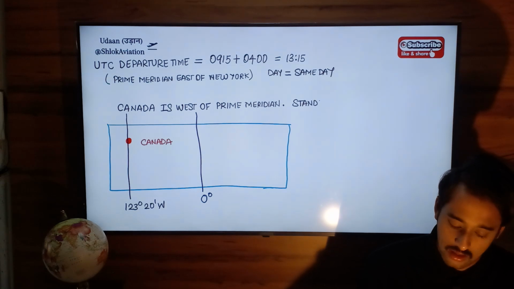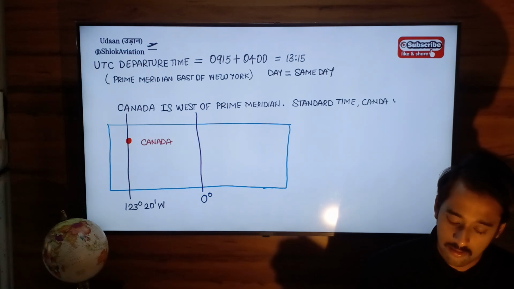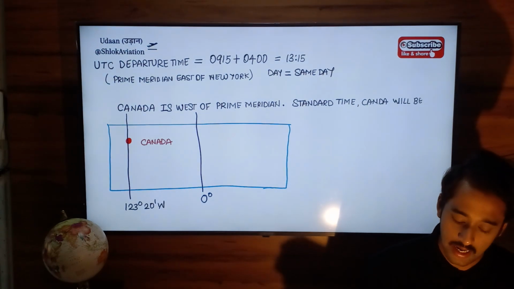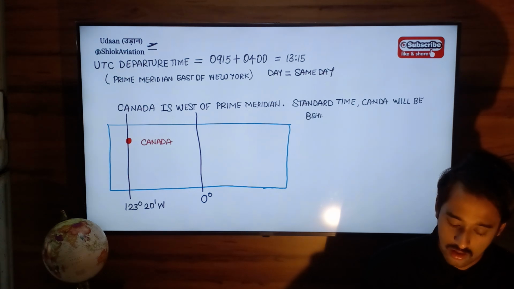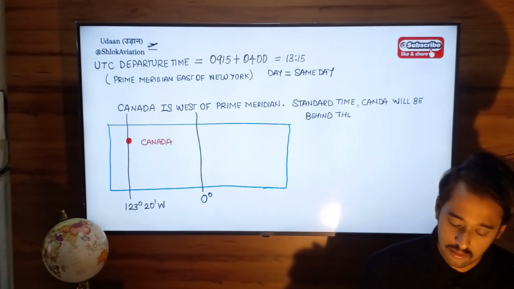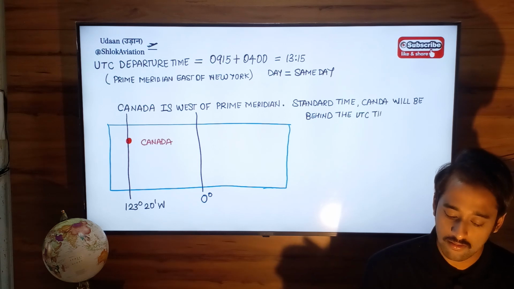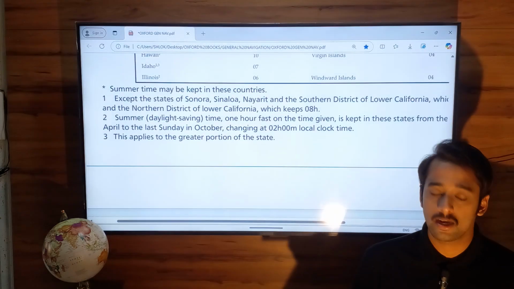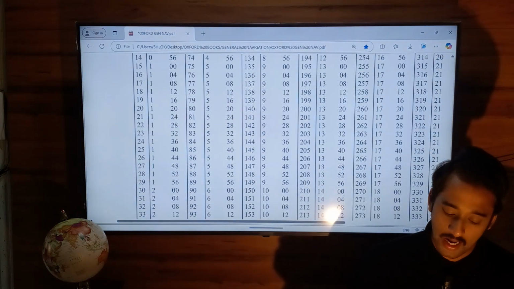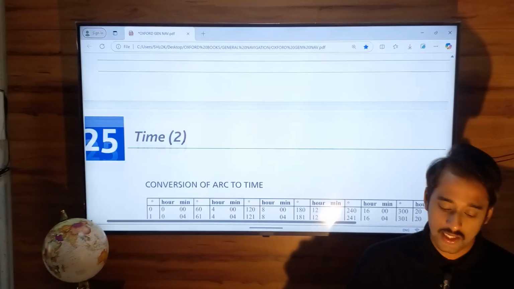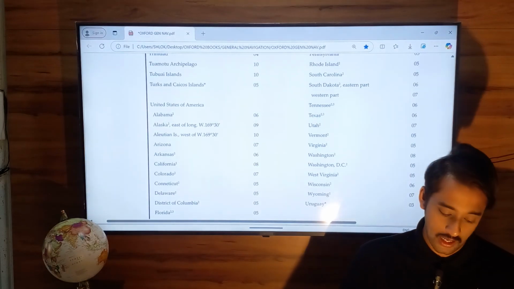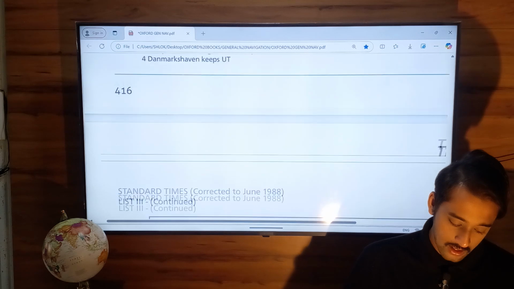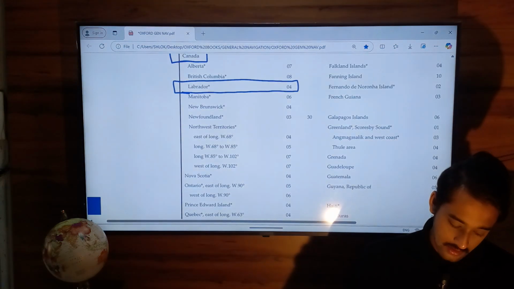So Canada is west of prime meridian, therefore standard time in Canada will be behind the UTC time. Now let's find out by what value it will be behind UTC. So we will go to that table which has timings which are slow on UTC. So Canada Vancouver is here.